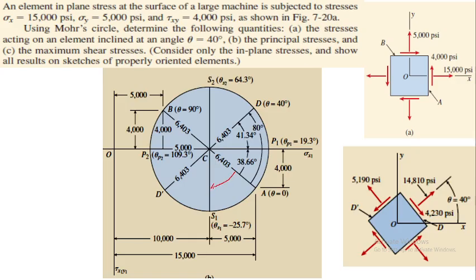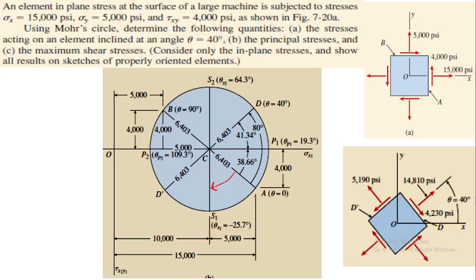Since we are moving in the clockwise direction, the angle will be 2 theta s1, but it will be minus. Why? Because this is 90 degrees, you subtract 38.66 from it. It will be 90 minus 38.66, which will be your required angle.